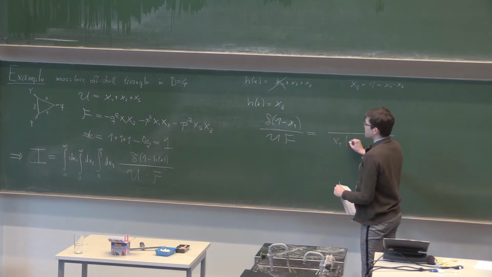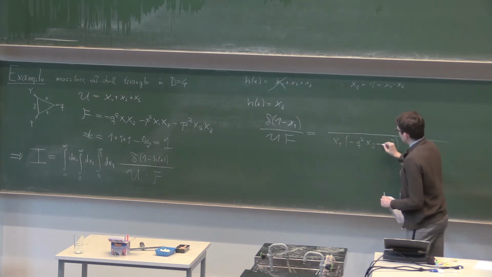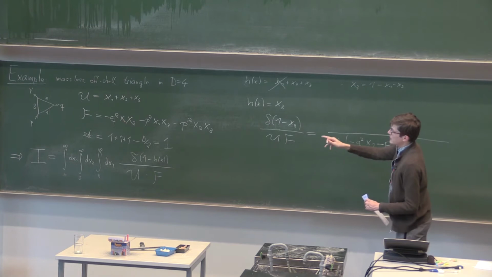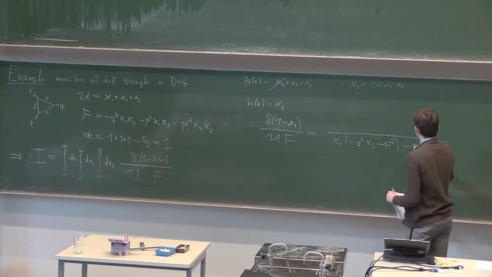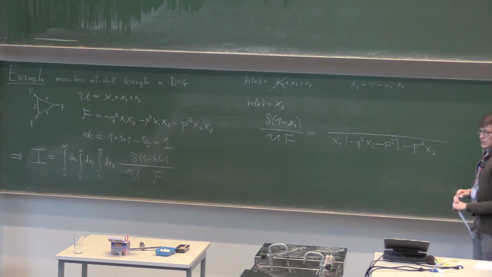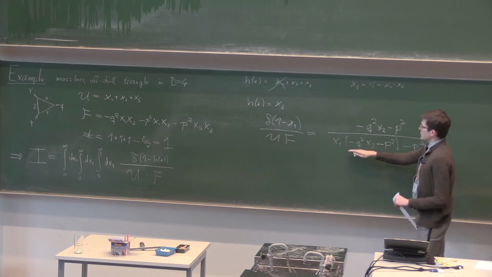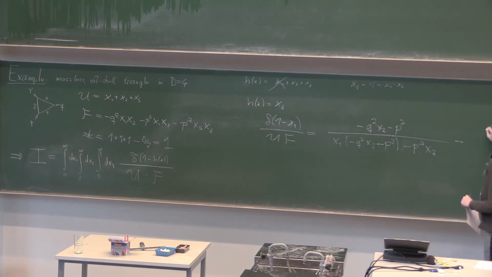So it has a minus q squared x2 minus p squared. And then there is a constant term in x1, which is just minus p prime squared x2. Remember that I have set x3 to 1. So this is F rewritten. And I want to do a partial fraction decomposition, so I make sure I put the coefficient of x1 in the numerator. And now I have the U polynomial, which is just x1 plus x2 plus 1.